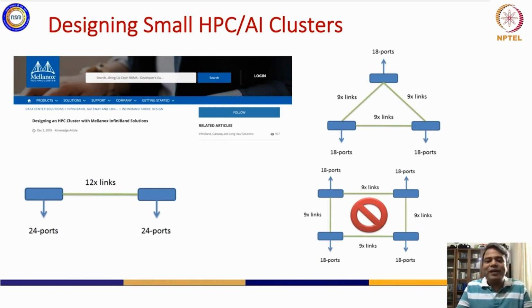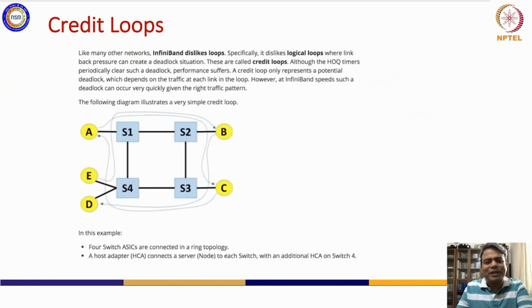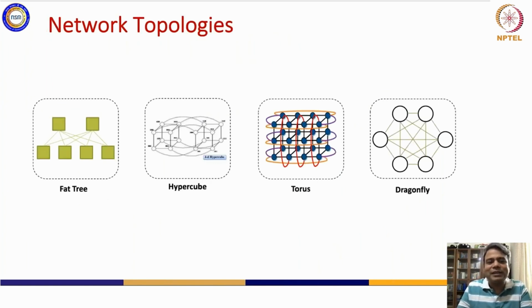So you create a certain network topology which is defined by equations. Therefore you can have equation-defined routing between these elements. There are various kinds of network topologies. We look at standard tree topologies, fat trees, hypercubes, toruses, dragonfly.